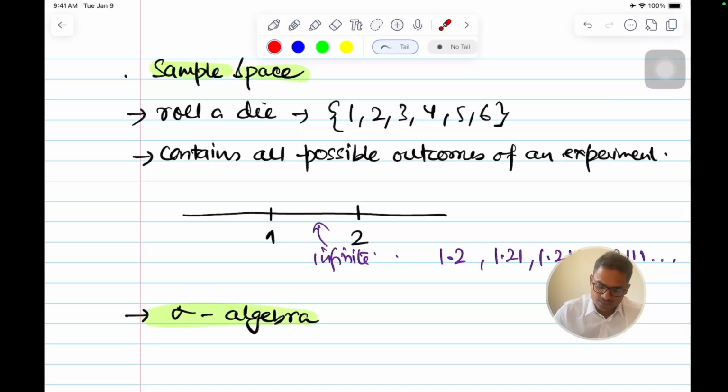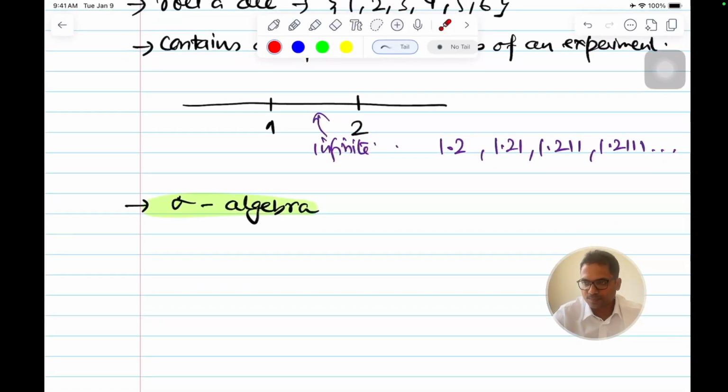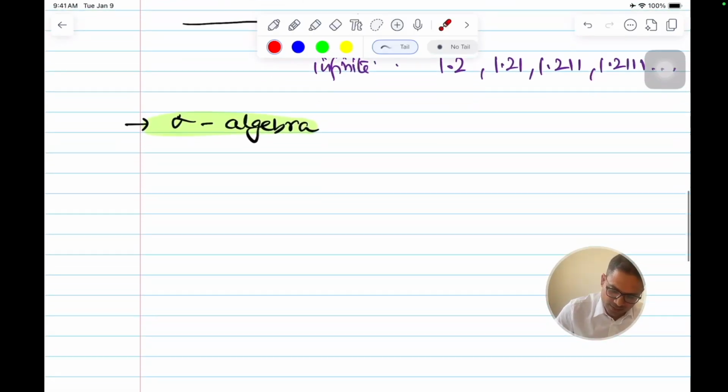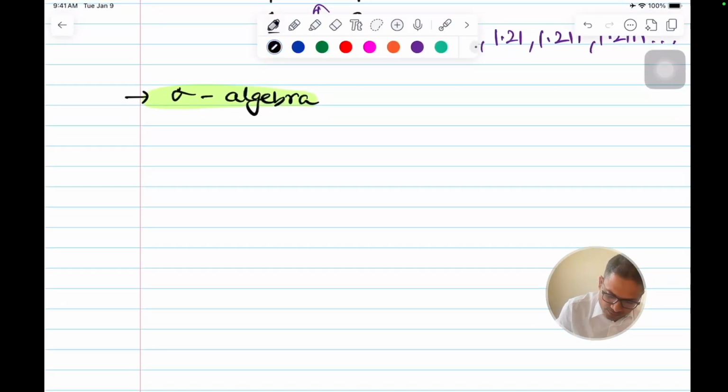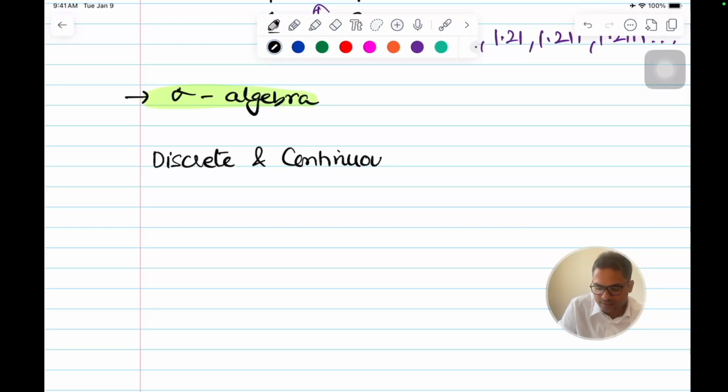Now let's move to the next topic: what is discrete and what is continuous. Discrete is anything that is countable.